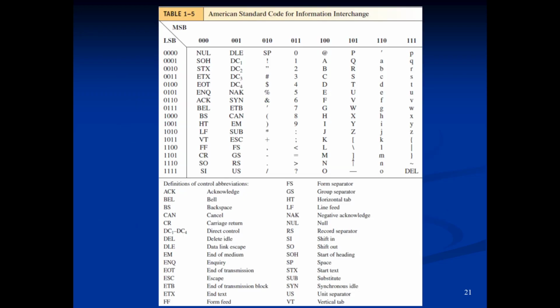And here is a table showing, so you have at the top the most significant bit, and then along the left column is the LSB, least significant bit. And the way you interpret this is you start at the top with the most significant bits, that row of different MSBs, and those 3 bits each represent the first 3 bits of the 7 bits of the number.